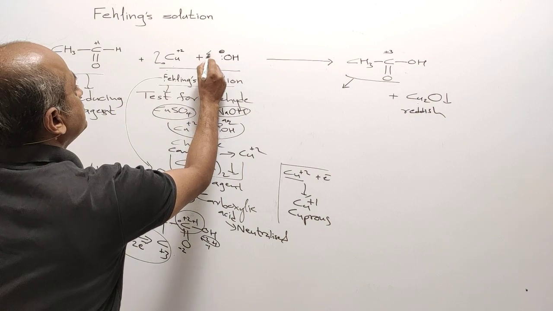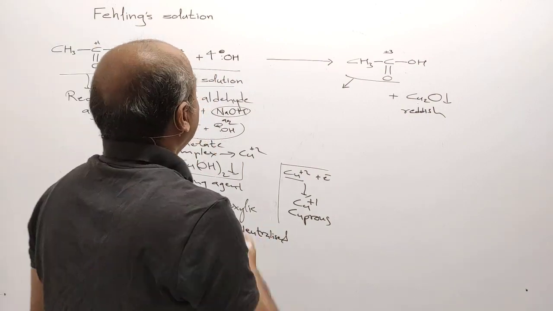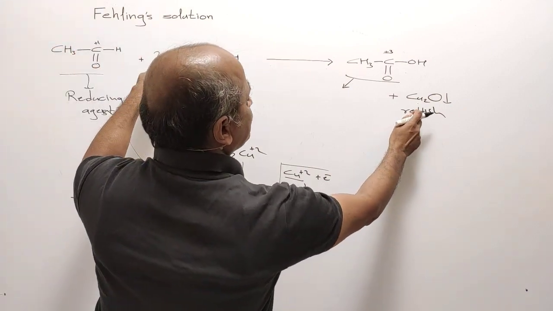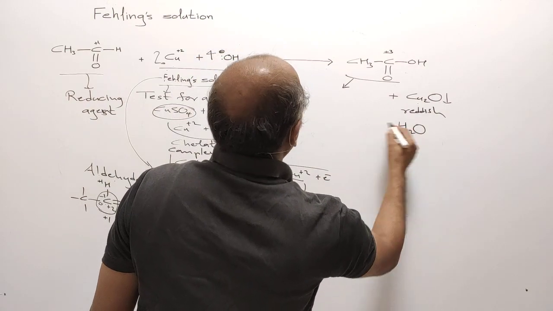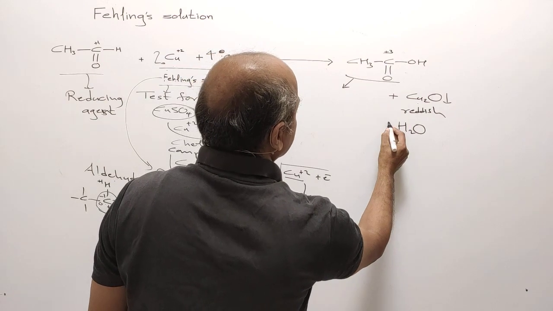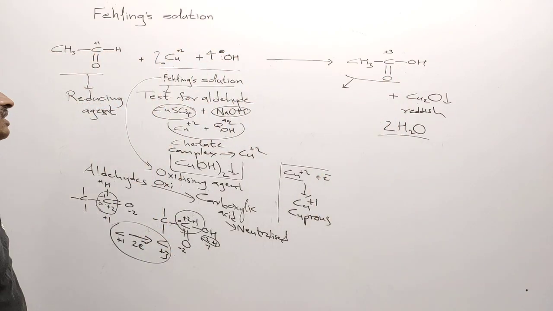Plus 4 means there should be 4 OH minus groups, and that you can balance. One oxygen goes to form this cuprous oxide, and the remaining oxygen will be used to form water. The reaction is balanced actually. Elementally you can check.